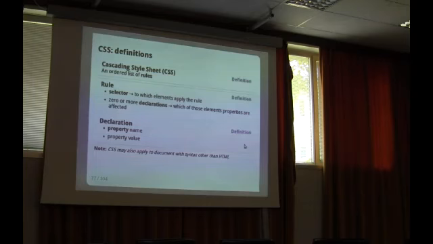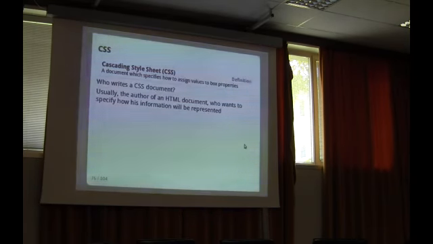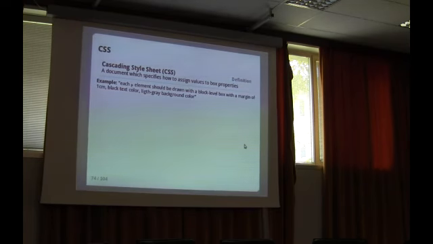So, for example, in the informal example I told you before, the stylesheet was composed of only one rule. The rule has a selector, and the selector is each p element. Then follow four declarations.